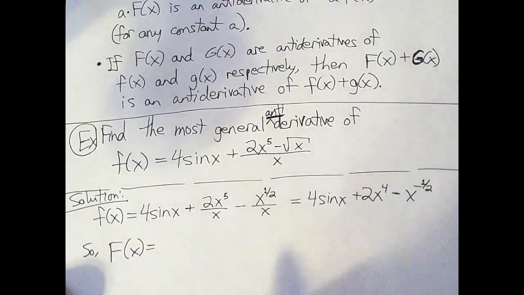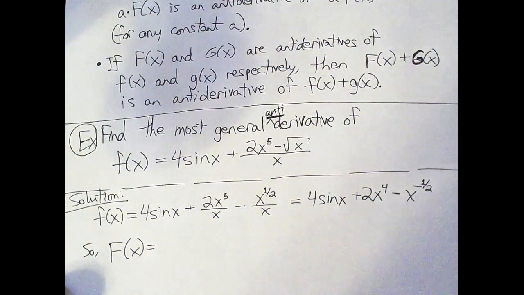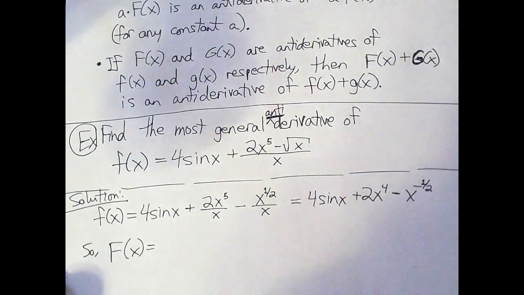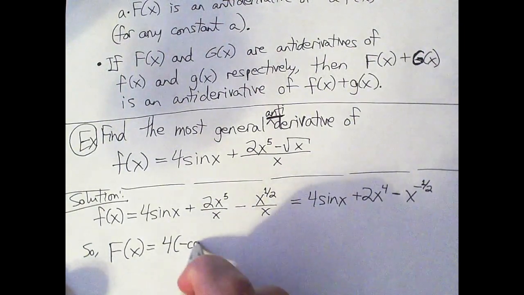Capital F of x. Now I am finding an antiderivative of this. We said earlier that an antiderivative of sine x was negative cosine. So negative cosine x.